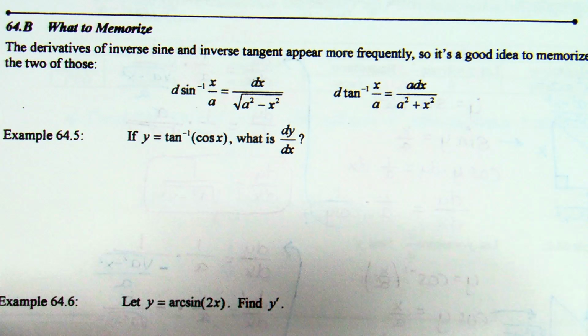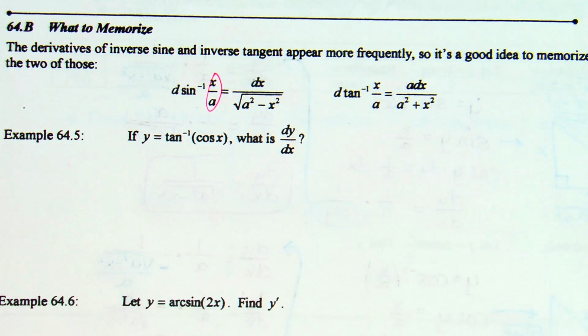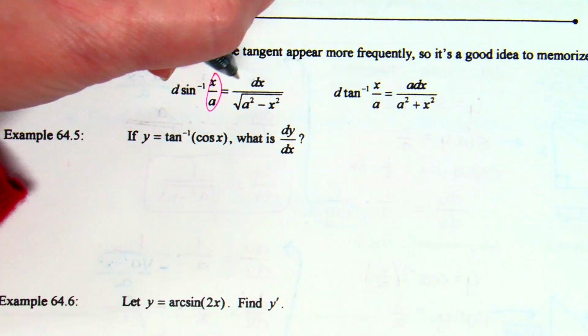Notice the form when they give this. It's sine inverse. Notice how it is x over a. So if it just says sine inverse of x, realize that a is just like an invisible 1. And then think of this, sine inverse of x over a. What's on top with the dx? Just a 1.